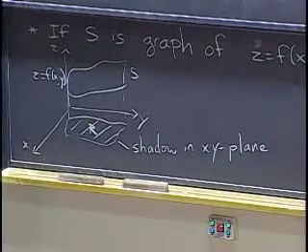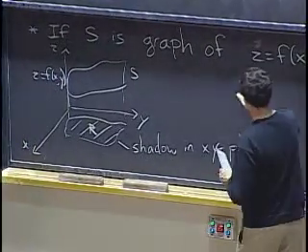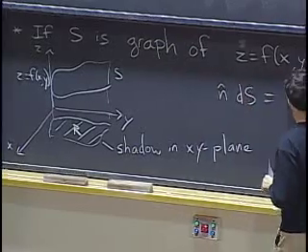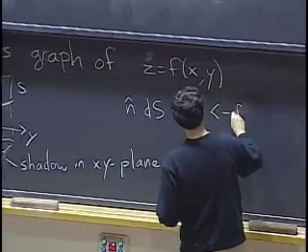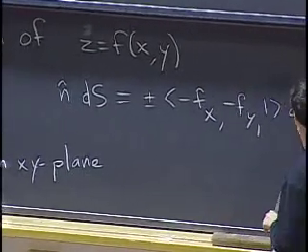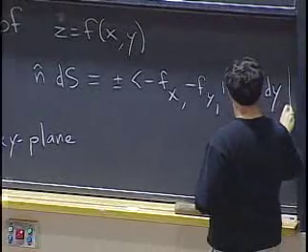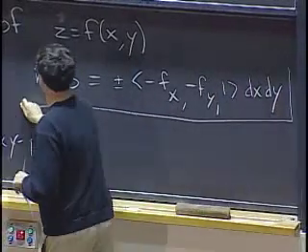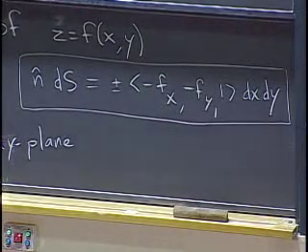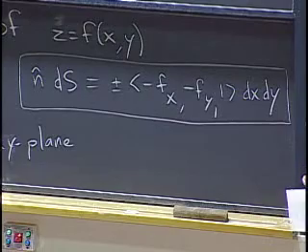I said that we'll have a formula for n dS, which will end up being plus or minus (minus f sub x, minus f sub y, 1) dx dy, so that we will set up and evaluate the integral in terms of x and y, replacing every time we see z by f of x, y, whatever the formula for f might be.